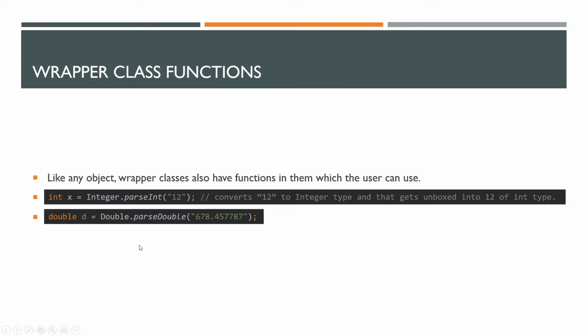So double d is equal to Double.parseDouble, and you pass the string inside. This works the same way as it does for Integer.parseInt. But do keep in mind, if you pass in letters or characters, then it does throw an error. So you can only pass in numbers or basically anything that a double can hold.